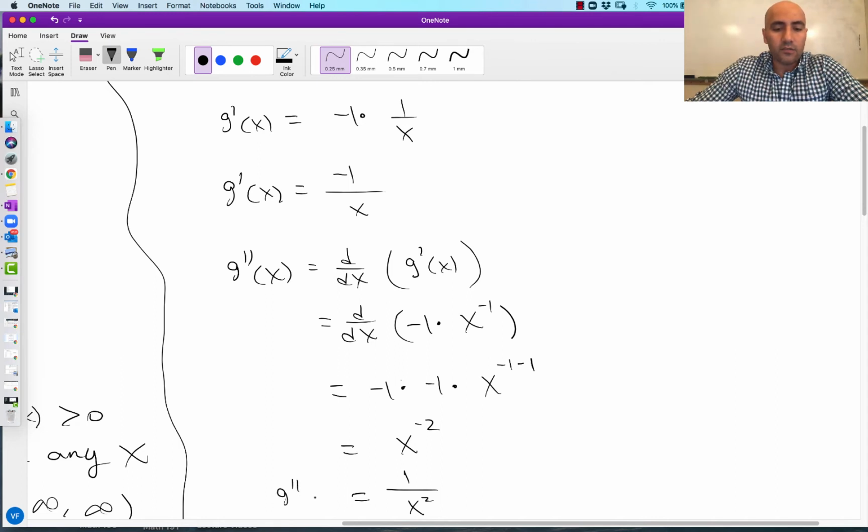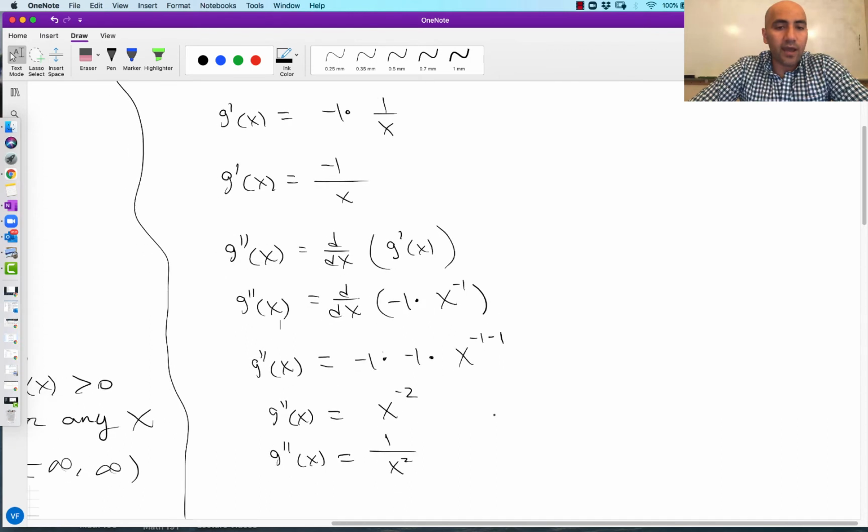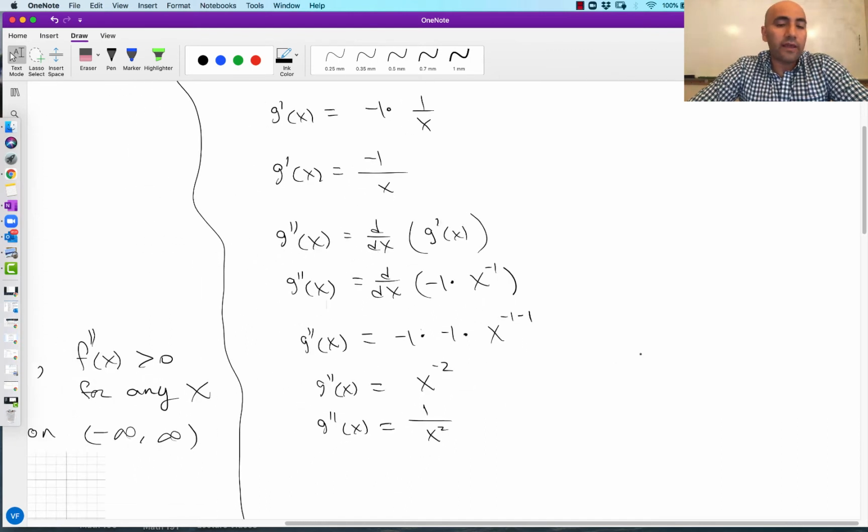Okay, so now whenever the second derivative is positive, we know that the underlying function is going to be concave up. If the second derivative is negative, the underlying function is going to be concave down.